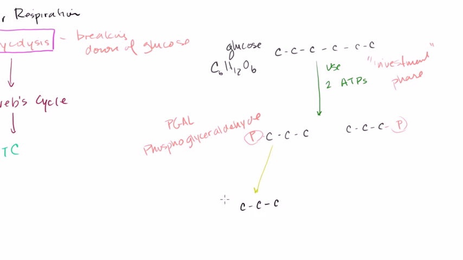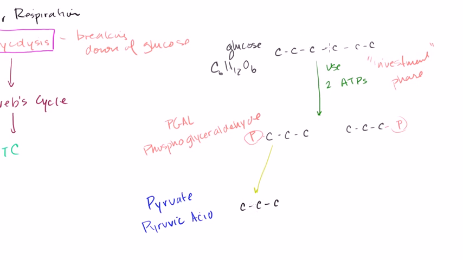Let me write pyruvate in blue, because at least it's good to know the word, and I'll show you its structure in a second. Pyruvate is sometimes called pyruvic acid. Same thing. And that's essentially the end product of glycolysis.